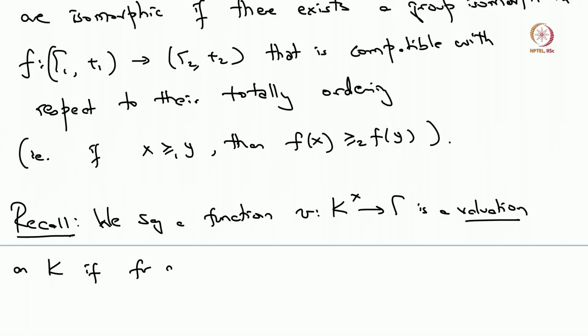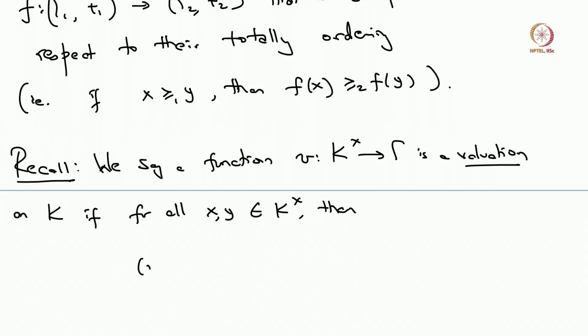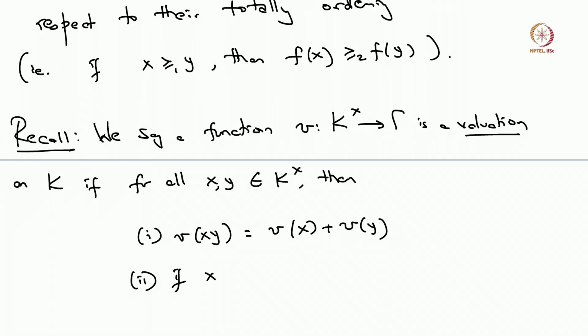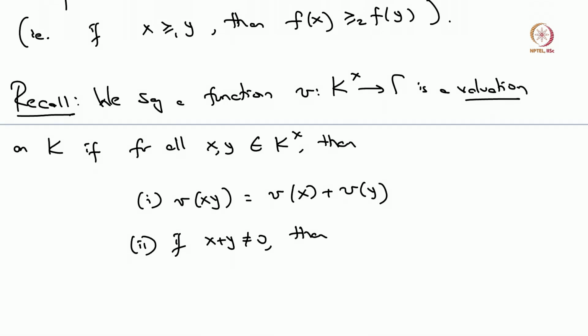For any x and y in k cross, the valuation of the product is v of x plus v of y, and if x plus y is not 0, then the valuation of the sum is larger than or equal to the minimum of v of x and v of y.